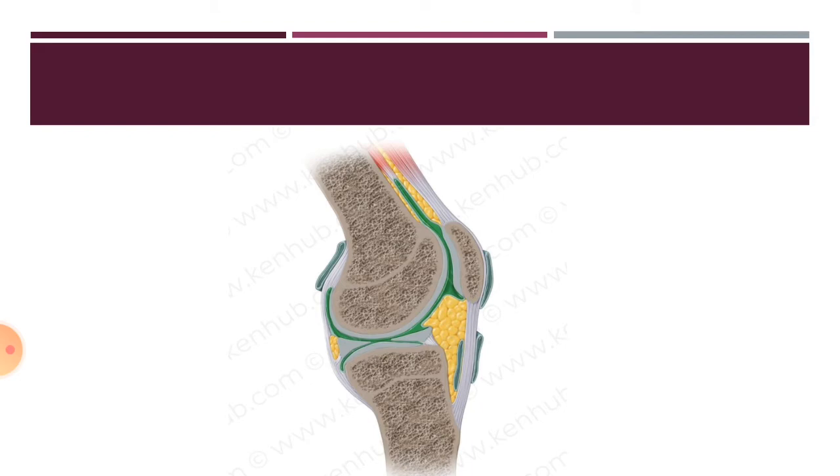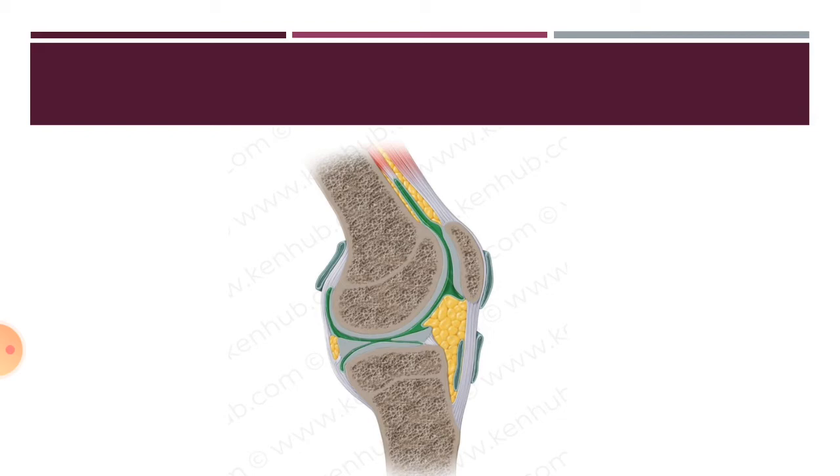This is a sagittal cross section of a synovial joint, and you can see the various structures. You can appreciate the articular capsule, and we know that an articular capsule has two layers, the outer fibrous layer and the inner synovial layer, which secretes synovial fluid.